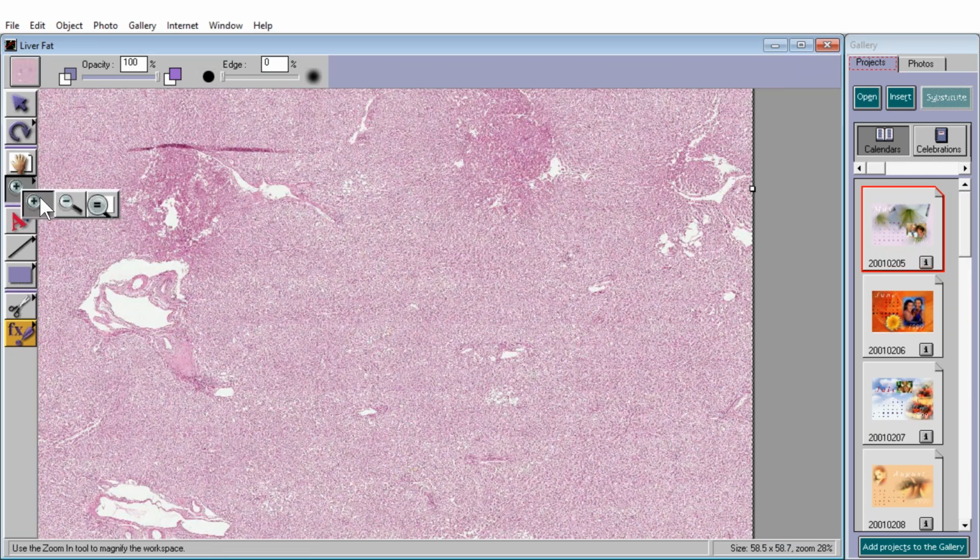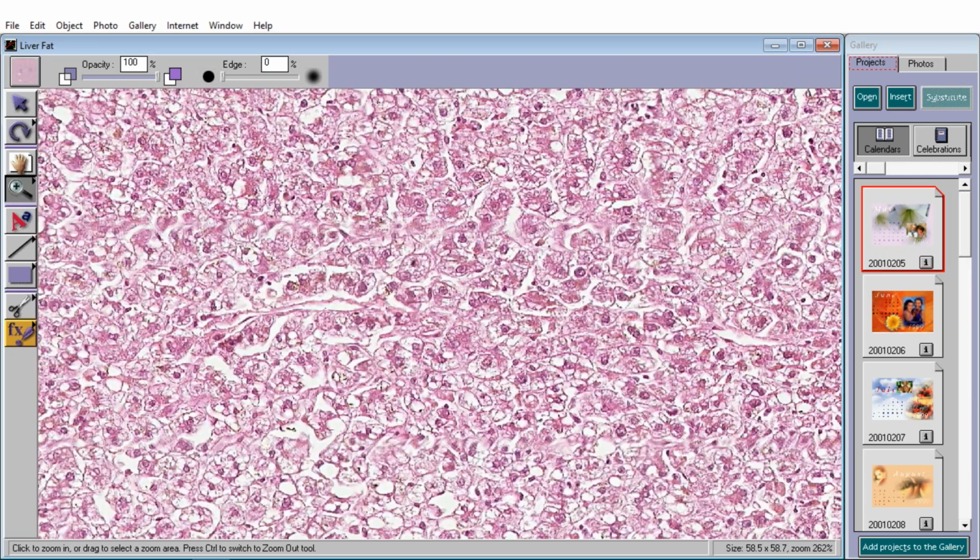It looks like almost every cell has little vacuoles inside of them. And some of these vacuoles are even bigger than the cell, but for the most part, these vacuoles are within the hepatocytes. So you call this a fatty liver. You can also call it steatosis. You can also call it fatty change. You can also call it fatty metamorphosis.